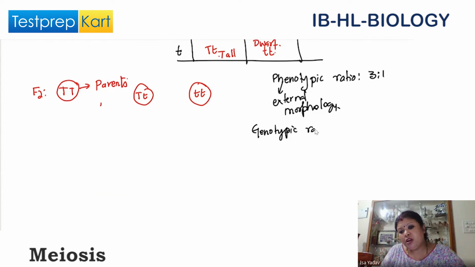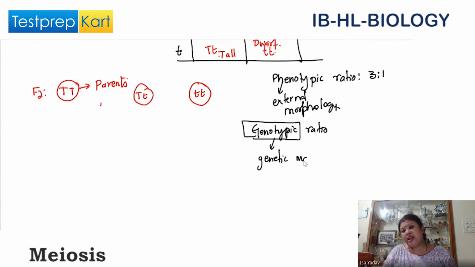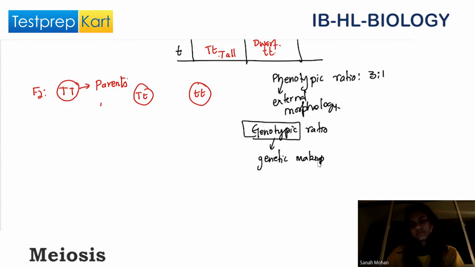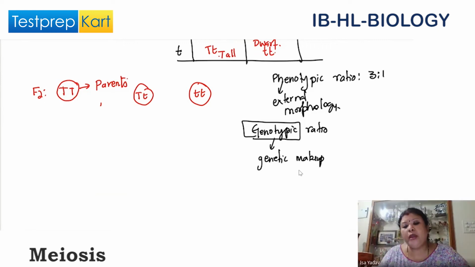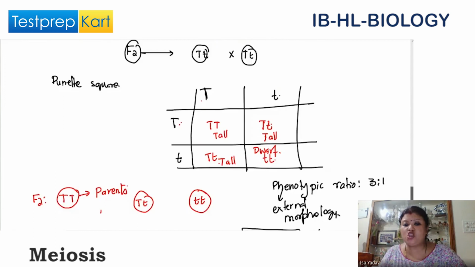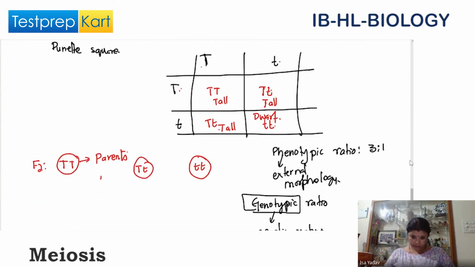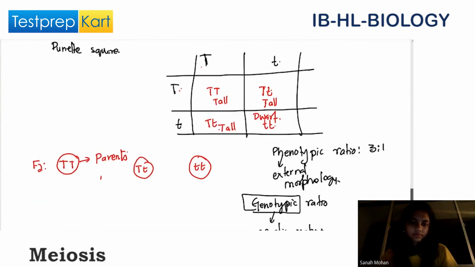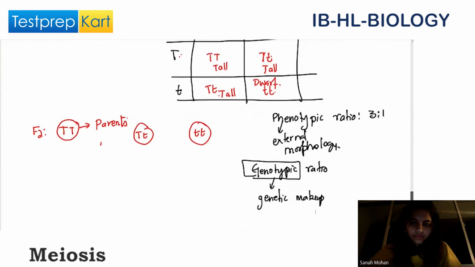Genotypic ratio. Okay, genotypic ratio is the genetic makeup. So Sana, can you tell me what would be the ratio? 3:1?